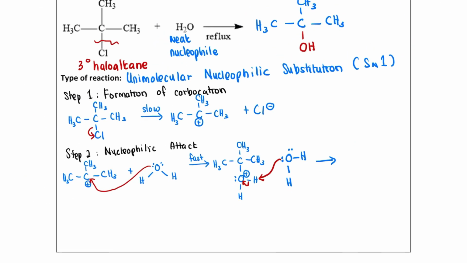Then we can draw our product. Our product is CH3, C, CH3, CH3, with OH over here, with two lone pairs because of what it received earlier. This bond has become a lone pair, so in total there are two lone pairs.